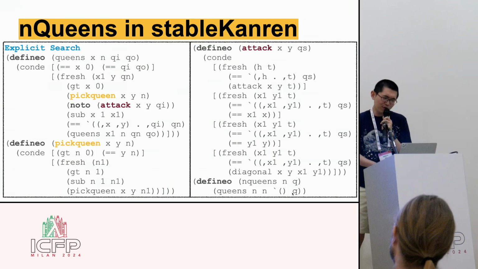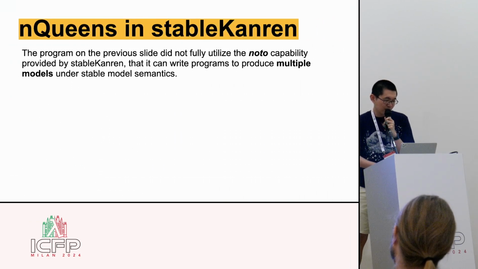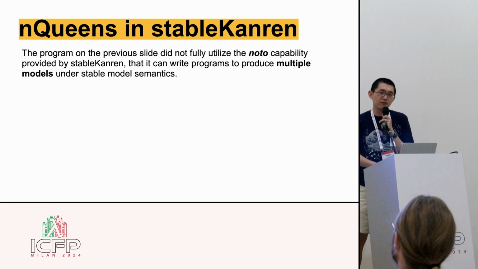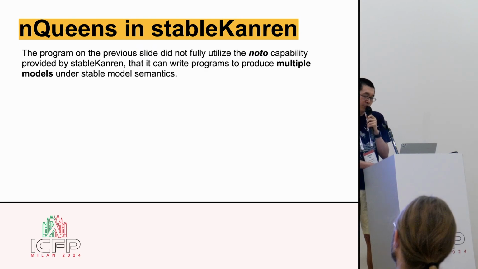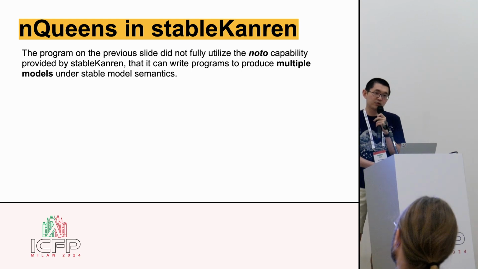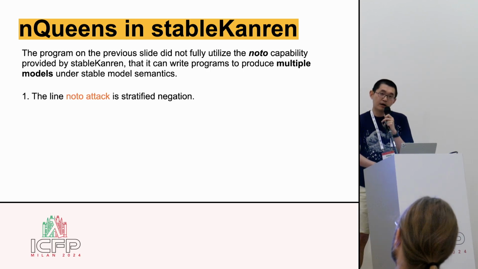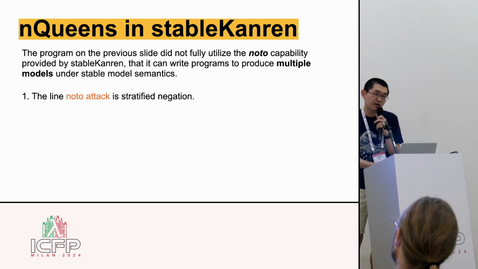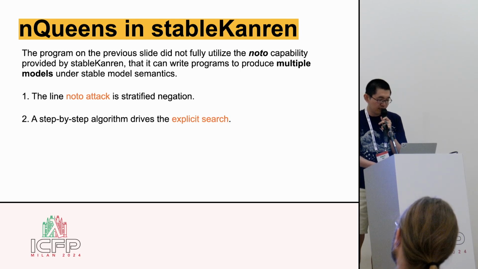It can solve the n-queens problem, very decent, but the program we showed on the previous slide did not fully utilize the nodal we introduced in stableKanren. The nodal can actually produce multiple models under stable model semantics. The attack relation, like an auto attack, is under stratified negation. I will define this later, no worries.